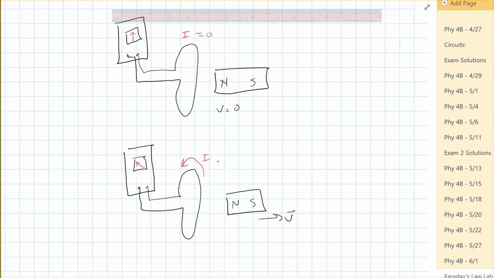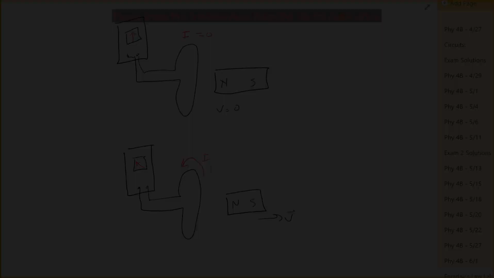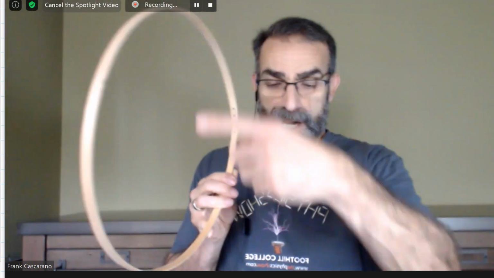Okay, it's a little strange, right? When is the magnetic flux at its greatest? I've got my coil of wire here and my magnet. If I move the magnet toward the coil of wire, we get current to flow in there.